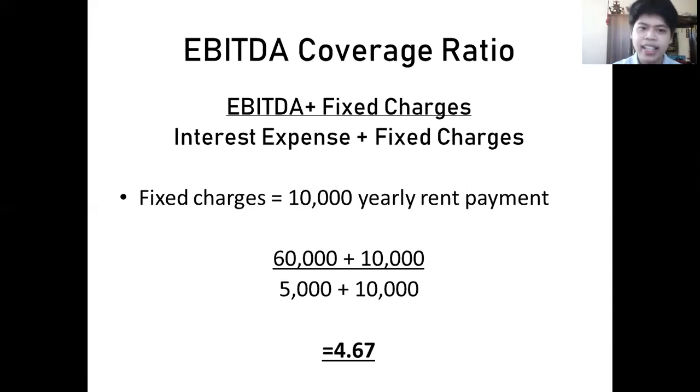And finally, EBITDA coverage ratio. Tingnan nyo kung ano yung nagbago. Di ba kanina EBIT, ngayon EBITDA. Okay, so yun yung difference niya. Pag EBITDA coverage, EBITDA. So ano yung EBITDA kanina sa problem?